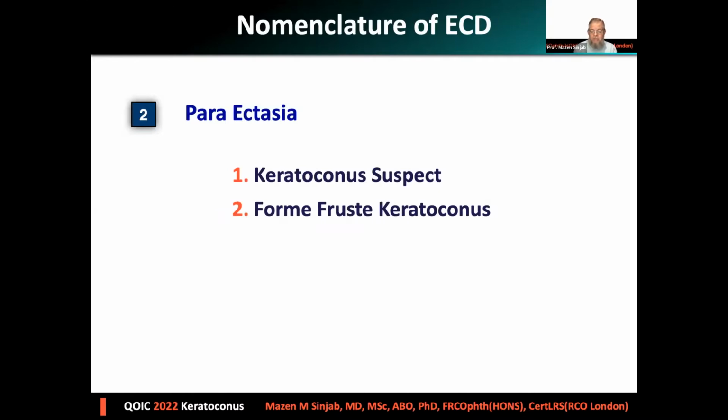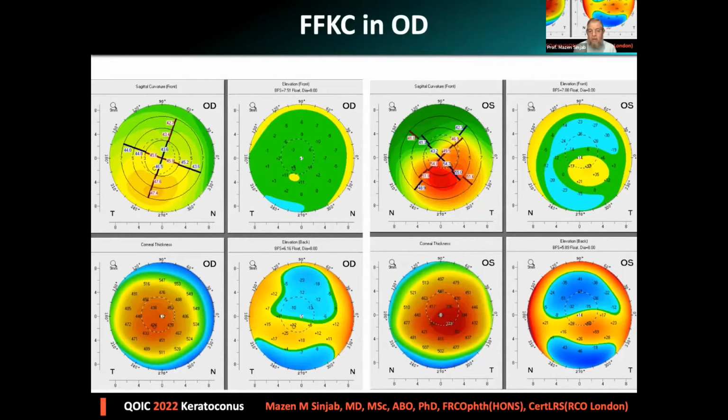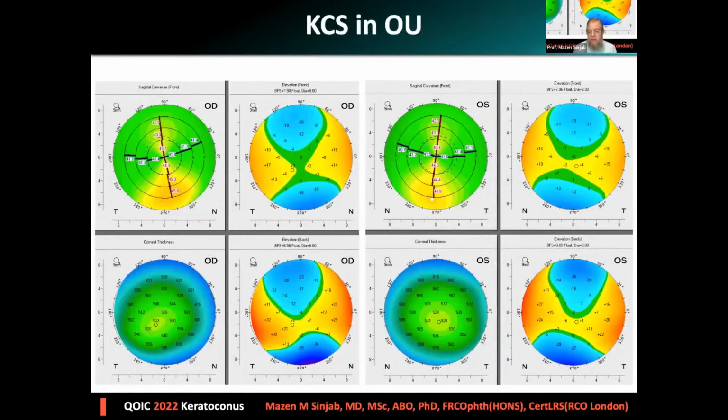The paraectasia, two very similar expressions, indicating anterior curvature abnormal, other maps are normal. Whenever we find this and the other eye has frank keratoconus, we call this abnormality forme fruste keratoconus. But if the other eye has no ectatic disease, then we call this keratoconus suspect.